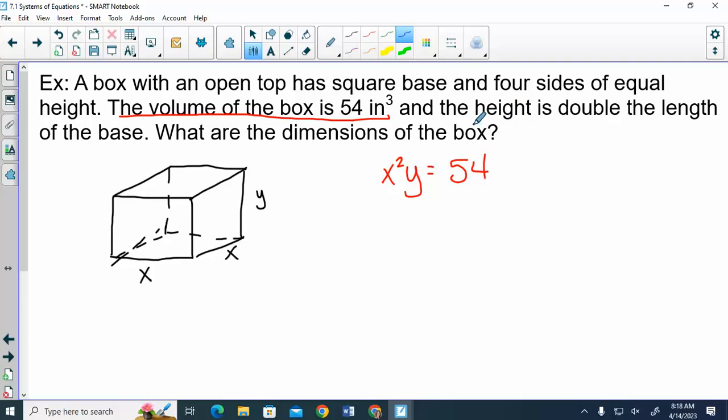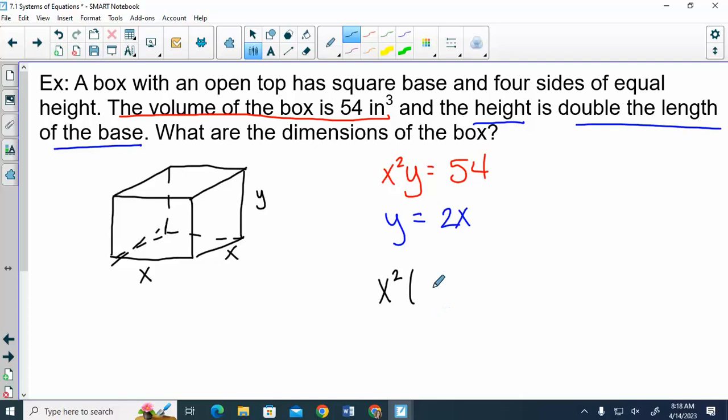Second equation, it says the height, what's my height? y equals double the length of the base, so 2x. Double just means take it times 2. All right. So probably pretty easy to do a substitution here.